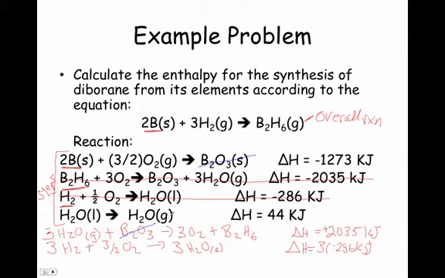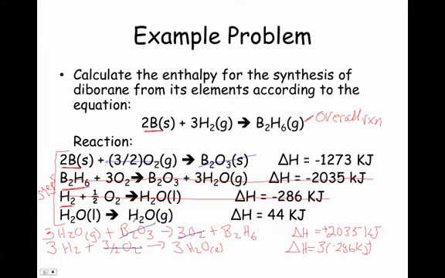Our B2H6, that doesn't cancel out. Our oxygens. Well, here we have 3 halves. That's 1.5 oxygens. We also have 1.5 oxygens on this reactant side. 1.5 plus 1.5 is 3. So that gives us 3 oxygens on our reactant side, and we have over here 3 oxygens on our product side. So the oxygens will all cancel out as well.